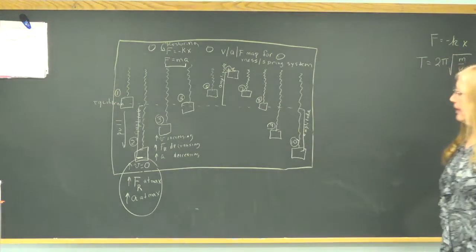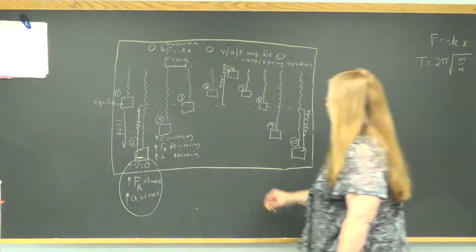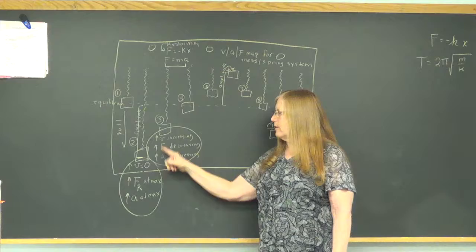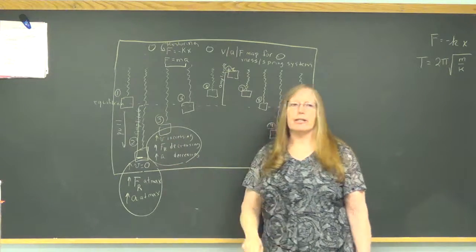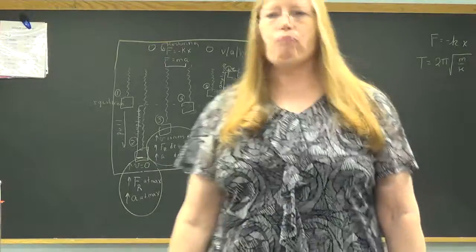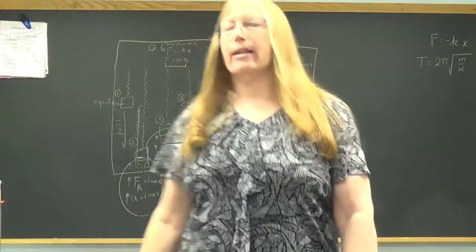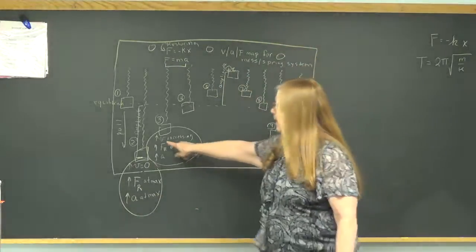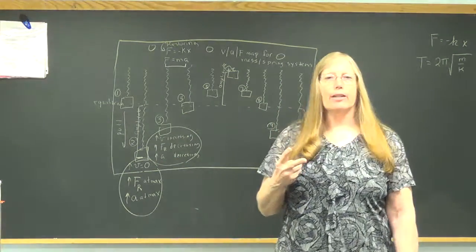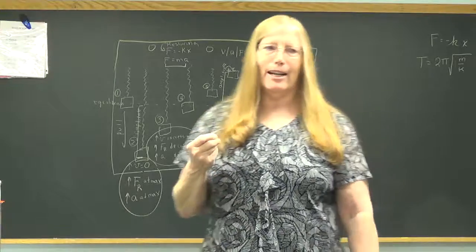Now, from an earlier physics principle, when velocity and acceleration are in the same direction, is the object speeding up or slowing down? Do you recall that? Right here, velocity is upward and acceleration is upward. When they're both in the same direction, is it speeding up or slowing down?